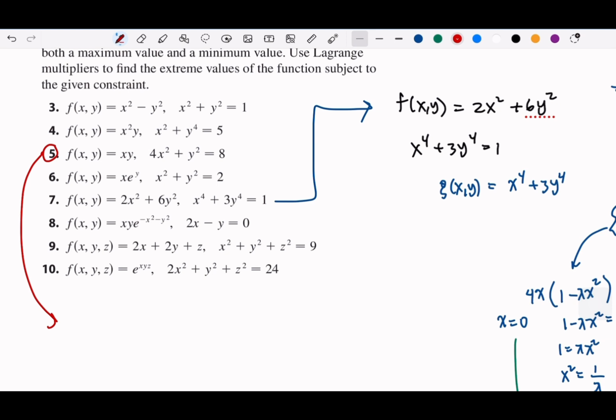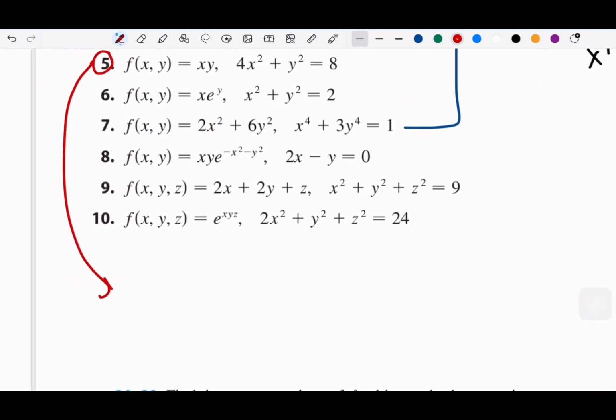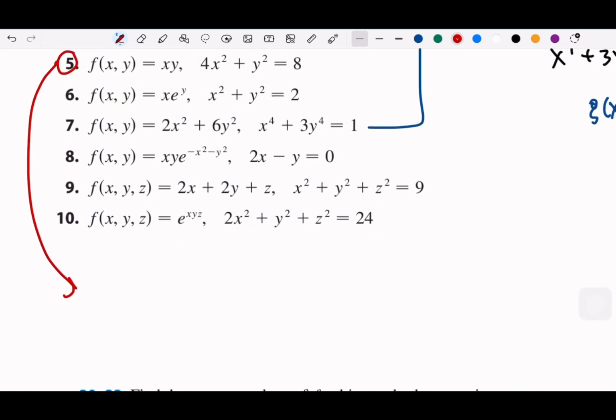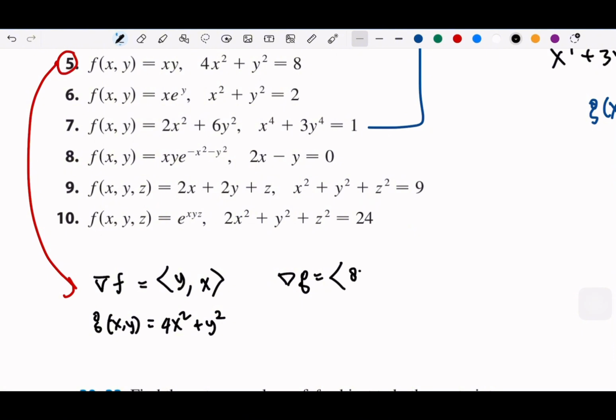We can write del f, which is y for x and x for y, right? And then suppose we have g as 4x squared plus y squared. So our del g is 8x and 2y.